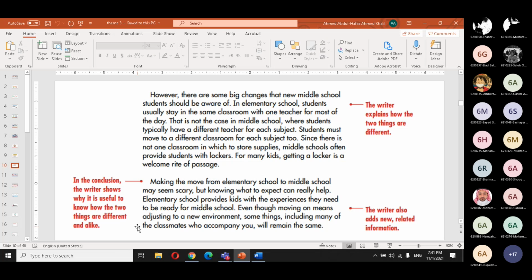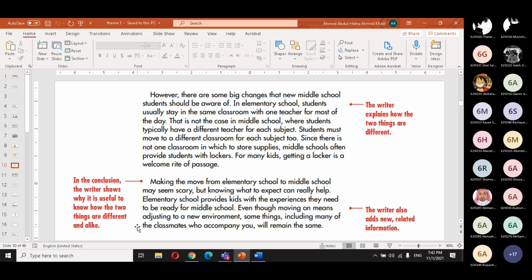Okay? Making the move from elementary school to middle school may seem scary. Some students become afraid when they move from primary school to intermediate school or secondary school.